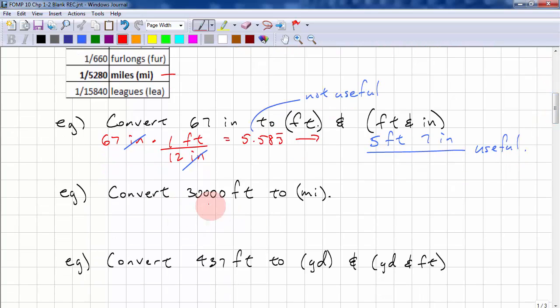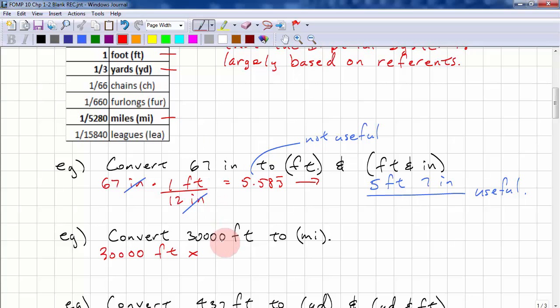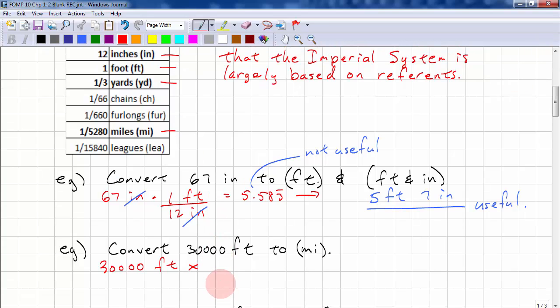Okay, let's convert 30,000 feet into miles. And we have 1 foot and 1 over 5280 miles.